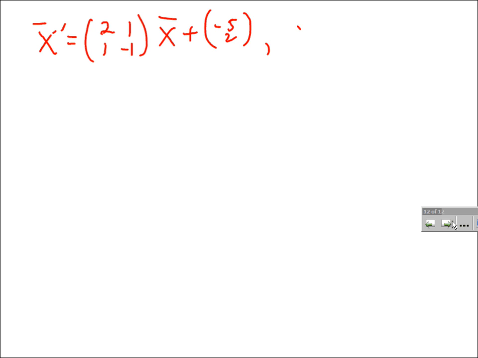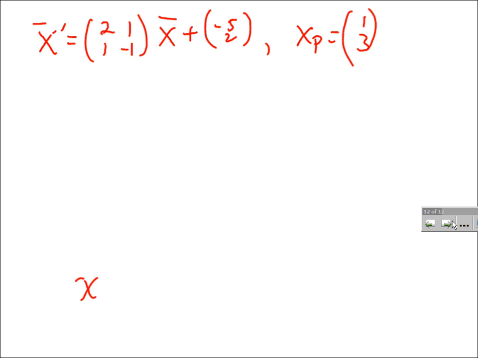Let's do one more problem. Suppose you know that x prime is (2, 1; 1, negative 1) times x, these are all bars, plus (negative 5, 2). I claim that xp is (1, 3). That is, a particular solution is (1, 3).